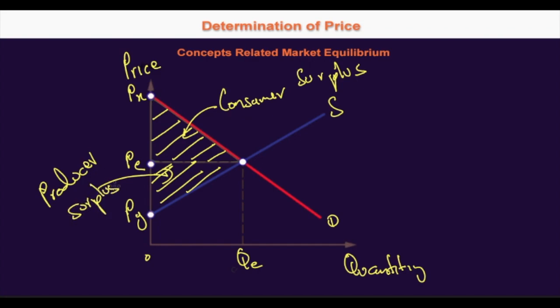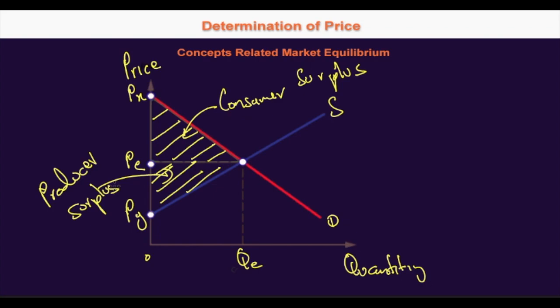Producer surplus is the additional private benefit to the producers in terms of profit gained when the price they receive in the market is more than the minimum they would be prepared to supply for. In other words, they received a reward that more than covers their cost of production.